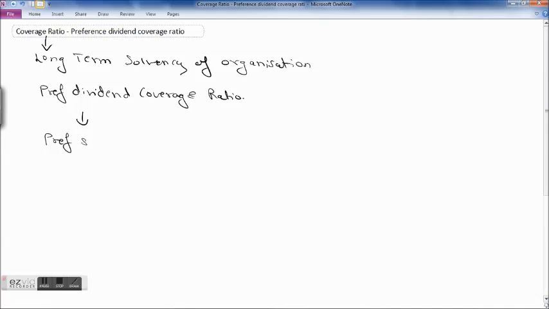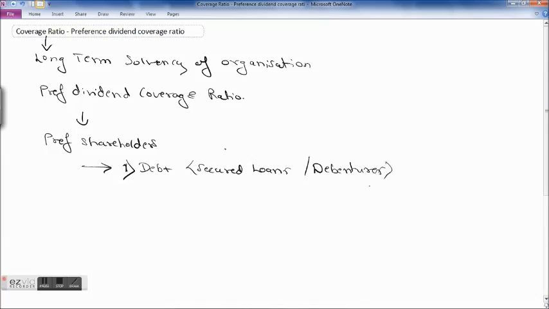Okay, so preference shareholders are also the owners of the company. It is neither a debt fund nor equity. But if a particular company is dissolved, then what happens? Whatever assets are sold and whatever amount is received, whenever there is a repayment, the first priority is given to your debt, that is your secured loans, debentures.